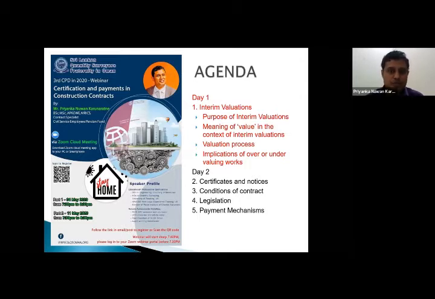Now, this particular session has got 2 days actually. In the first day, when you want to become a chartered quantity surveyor, I know there is a whole range of people here, experienced people as well, in this forum. Therefore, in order to benefit everyone from the newcomer up to a very experienced quantity surveyor, what I thought of doing is to break this into 2 days.